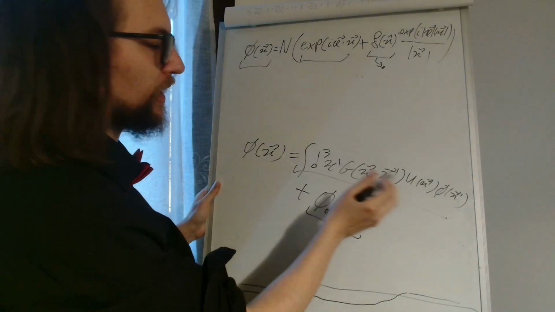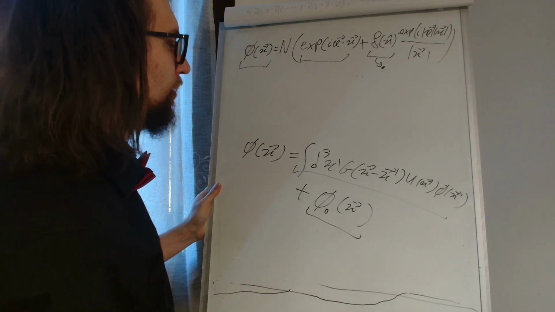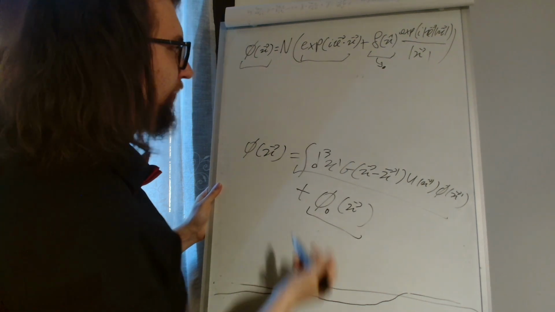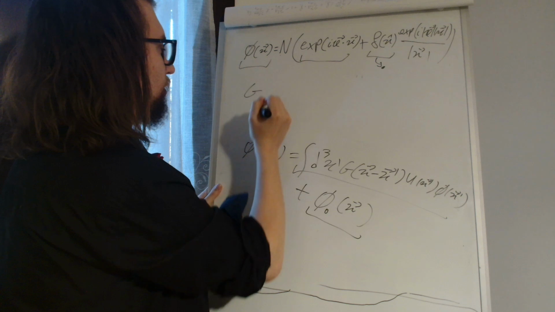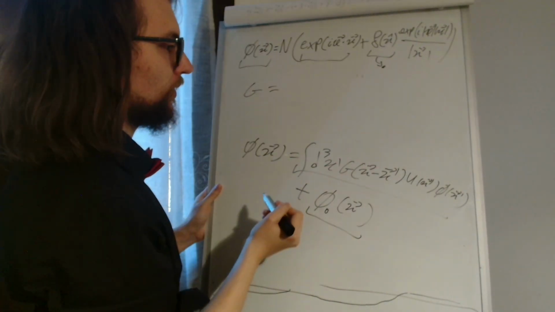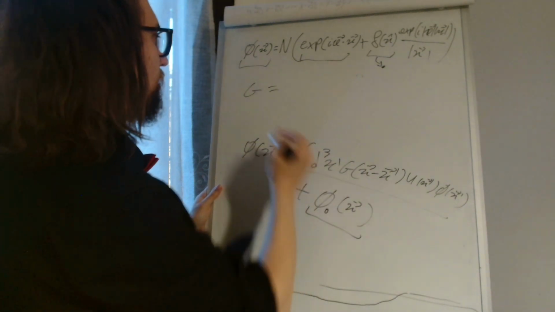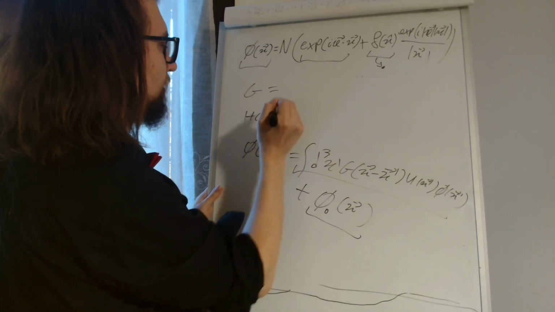Now, the Green functions are very well studied functions, so we know expressions for them. The expression we are going to use is for a Green function, a function which satisfies the Green equation HG equals delta.